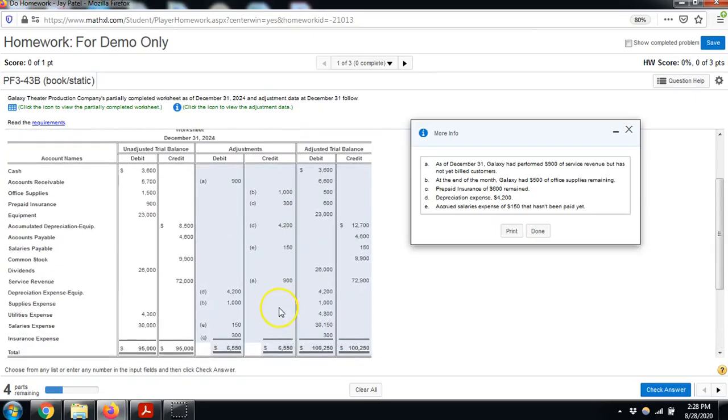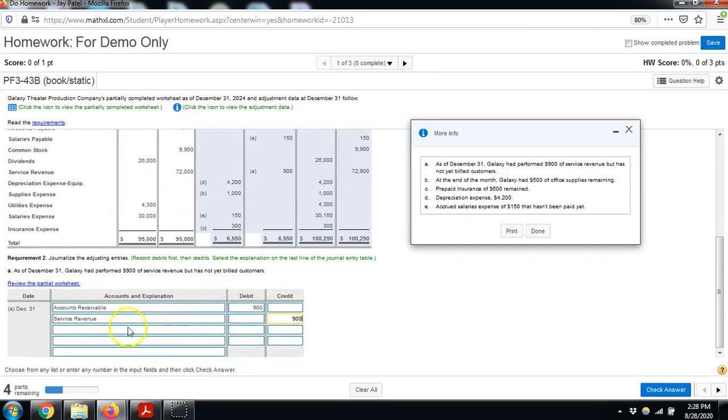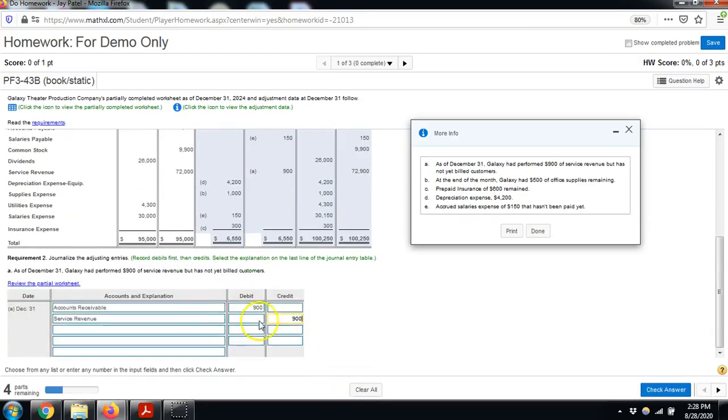If you notice, we're basically just transcribing what we did above into journal entries. So this debit of $900 to accounts receivable is this debit, and then this $900 credit to service revenue is right here. So basically just restating the same information in a different place.